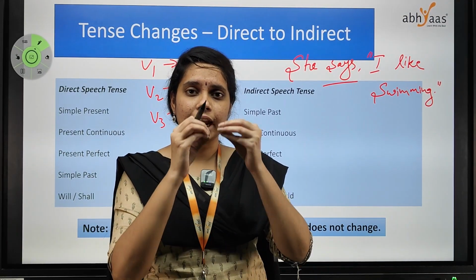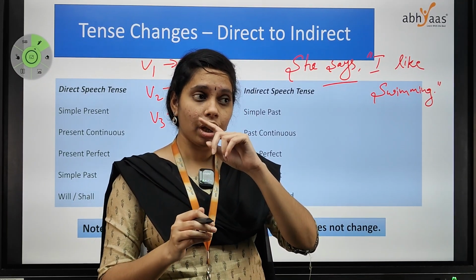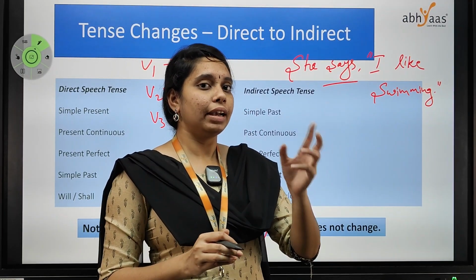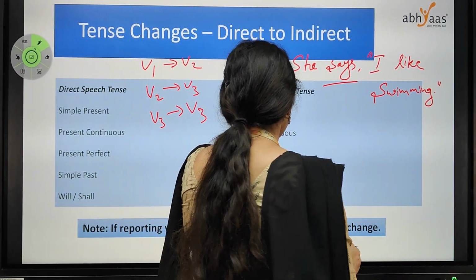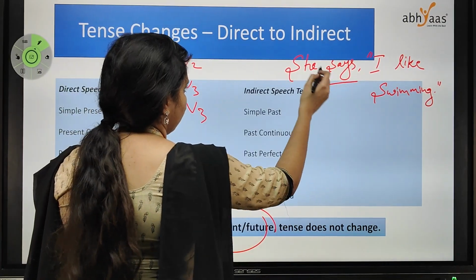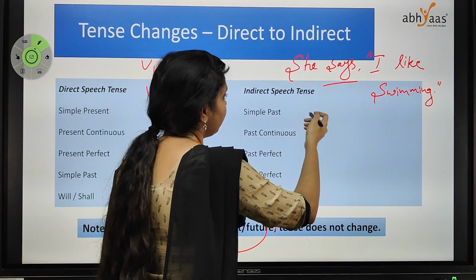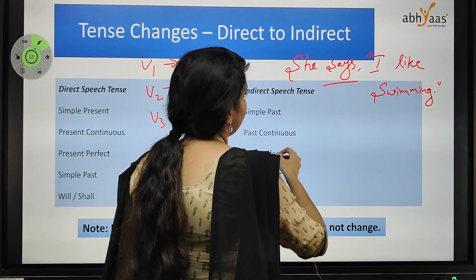So because that stands true, even at the point of communicating, even at the point of reporting the same to another person, it will not change the tense. I hope you got this logic. Okay. So whenever you find the reporting verb which is in present or future, it can be she will say also, even then there would be no change in the reported speech.